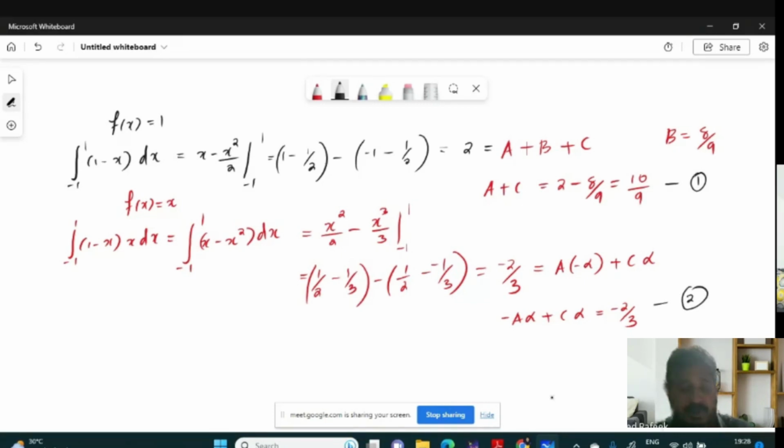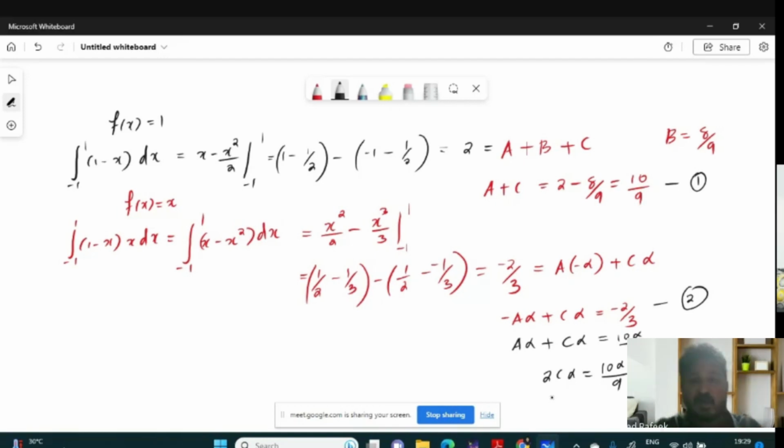Multiply the first equation with alpha. What you will have? A alpha plus C alpha equal to 10 alpha by 9. Add these two equations. Minus alpha plus A alpha is 0. 2C alpha. You add these two: 10 alpha by 9 minus 2 by 3.